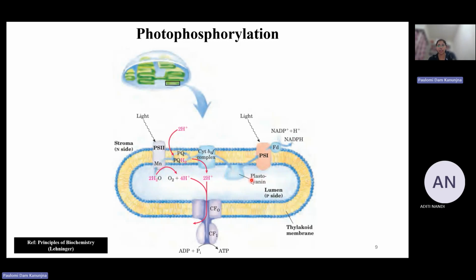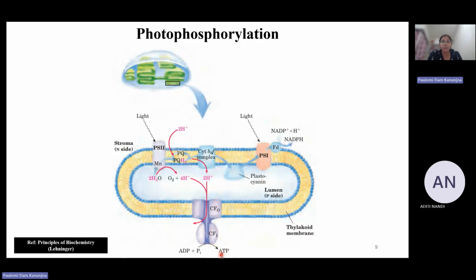The protons are moved into the lumen, and that is called the P side. Now on the membrane you have the ATP synthase, and because these protons are more in the lumen, they can move across their concentration gradient via the ATP synthase F naught subunit.